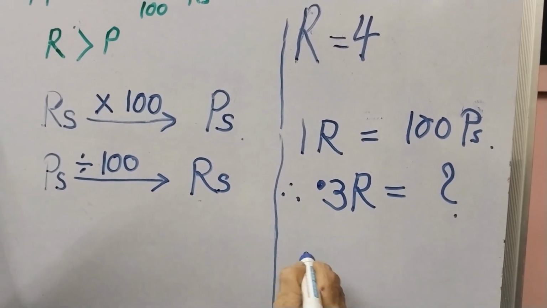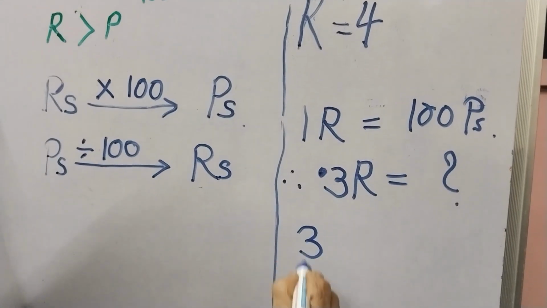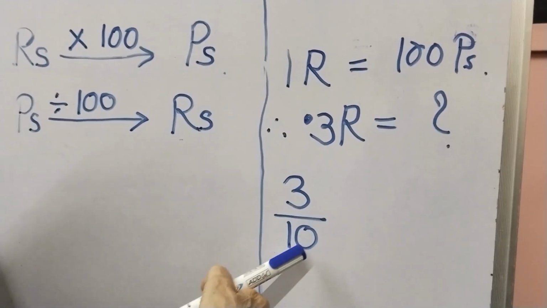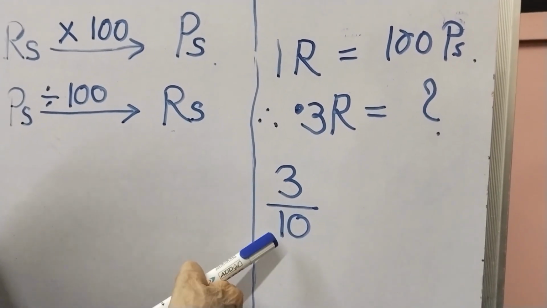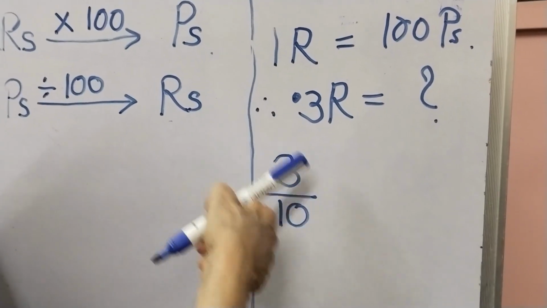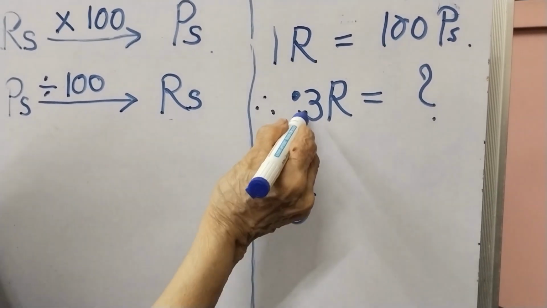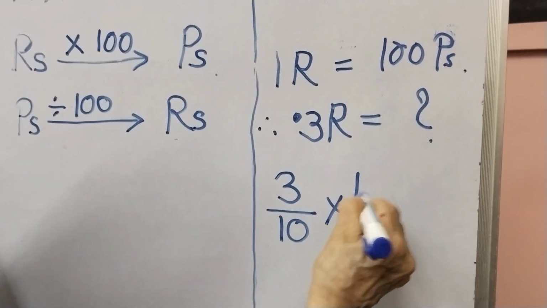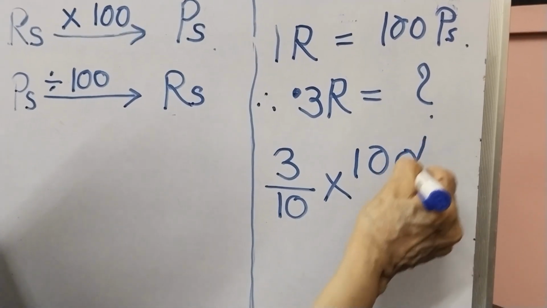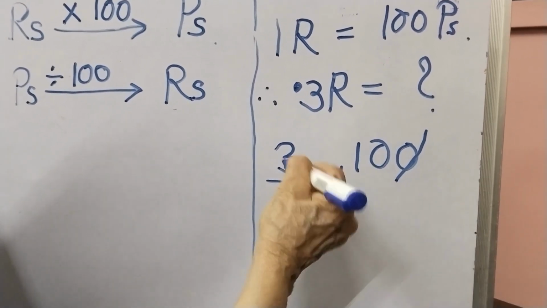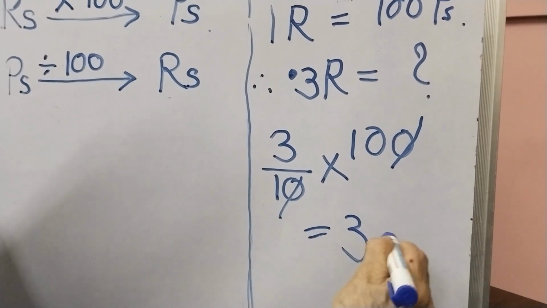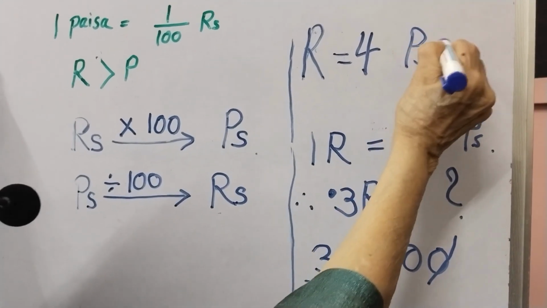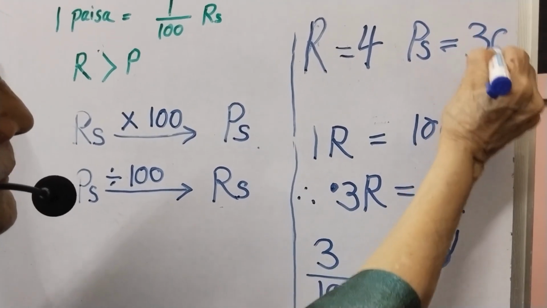Now we know that 0.3 means 3 upon 10, because this is one digit, and hence we put 1 and one 0 in the denominator. This is multiplied by 100, so this 0 goes for this one, and 10 3s are 30. So our answer is 4 rupees and 30 paise.